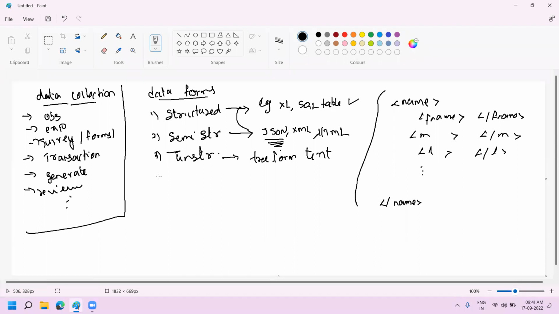What is a PDF or a Word document? Is it a text file or a free form text? It's a free form text.